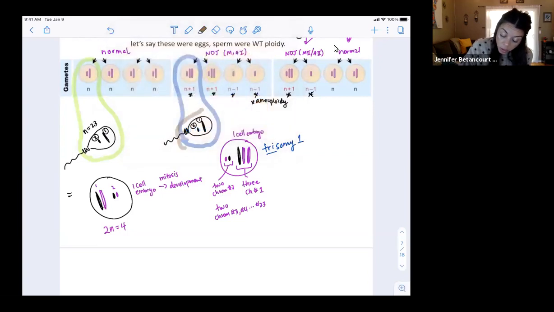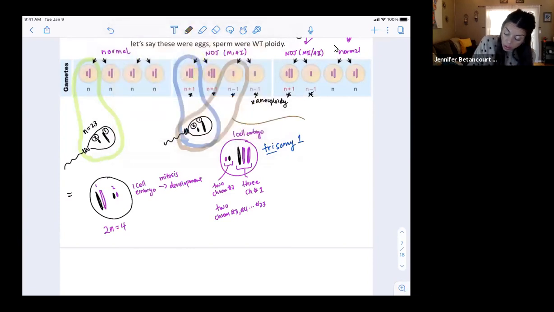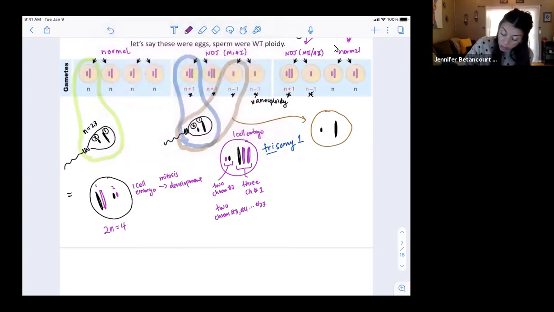Let's say this sperm fertilized instead that egg that I just circled. So if that was the case, what would the embryo look like? And the embryo, here's the embryo. Okay, so you have the genetic material from the sperm and the genetic material from the egg. So you have 2 chromosome number 2s.